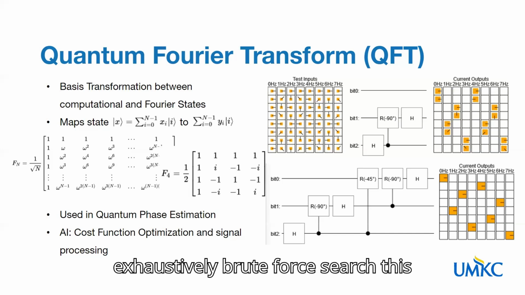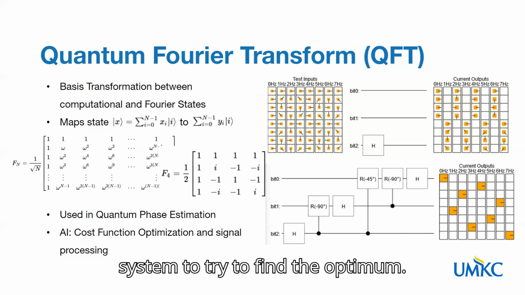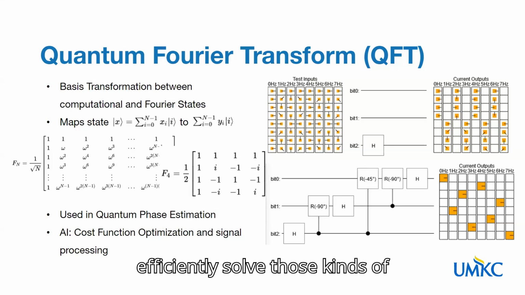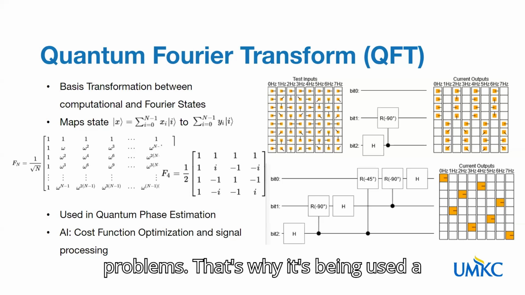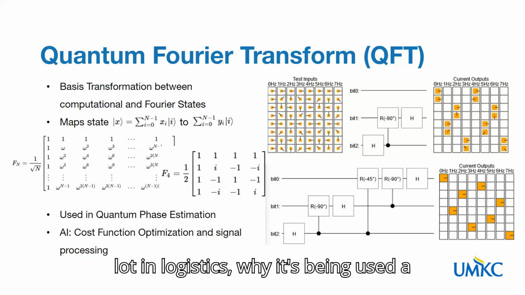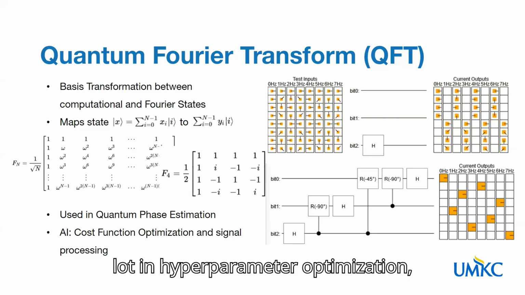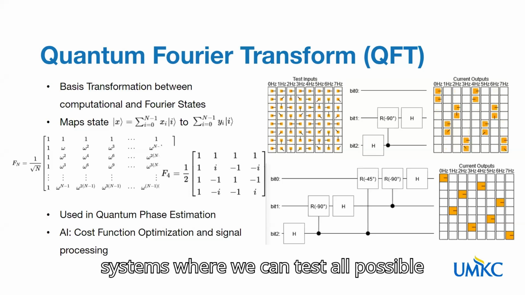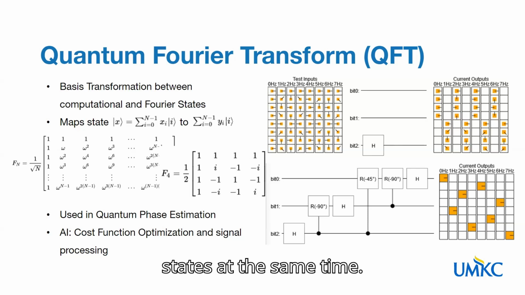You have to exhaustively brute force search this system to try to find the optimum. Quantum provides a way for us to efficiently solve those kinds of problems. That's why it's being used a lot in logistics. It's why it's being used a lot in hyperparameter optimization, because we can efficiently solve these systems where we can test all possible states at the same time.